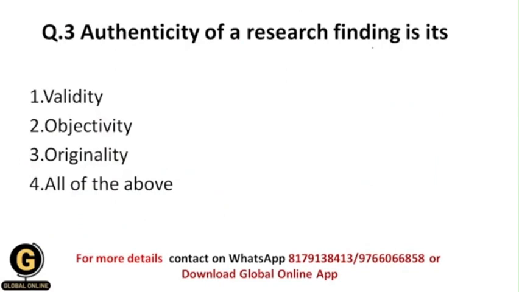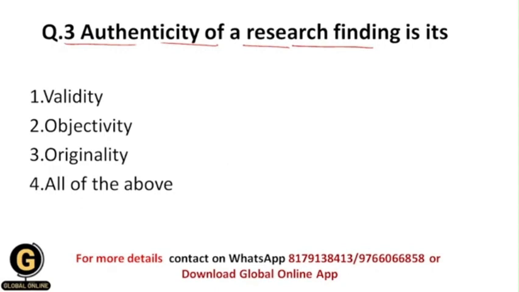Authenticity of a research finding is its. So what is the authenticity of a research finding? Okay, so basically students, authenticity means that we have the proper proof that this particular object or thing is authentic, it is original, it is not copied from somewhere else.